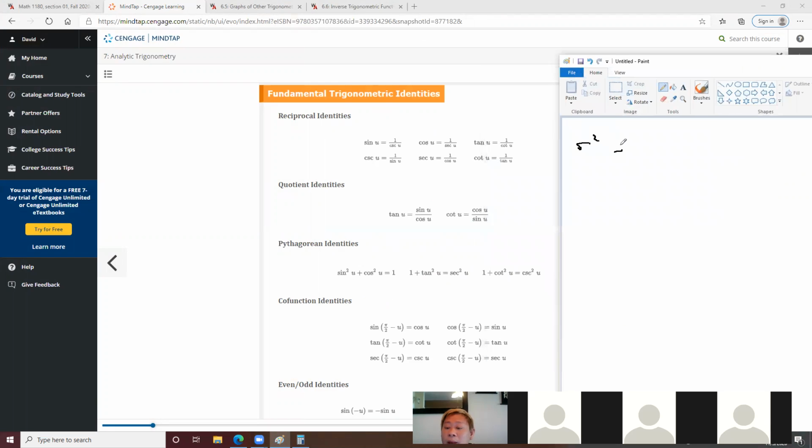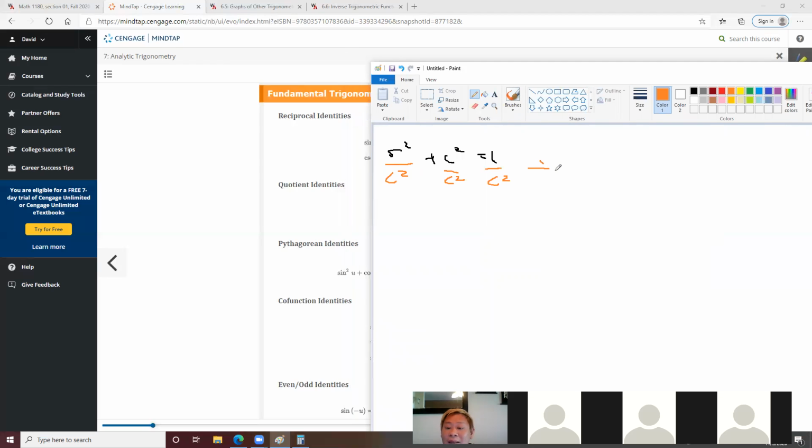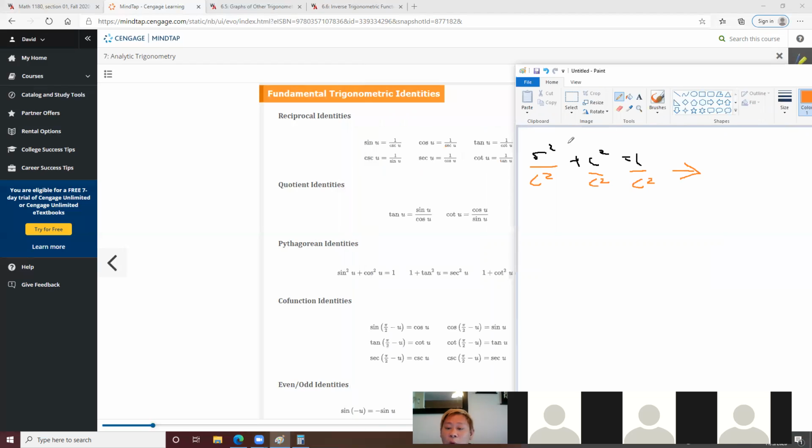When you have sine squared plus cosine squared equals 1, if you divide everything by cosine squared, you will get a new Pythagorean identity. Now we know sine over cosine is tangent, so this is tangent squared plus 1, and 1 over cosine squared is secant squared. So you will get 1 plus tangent squared equals secant squared.